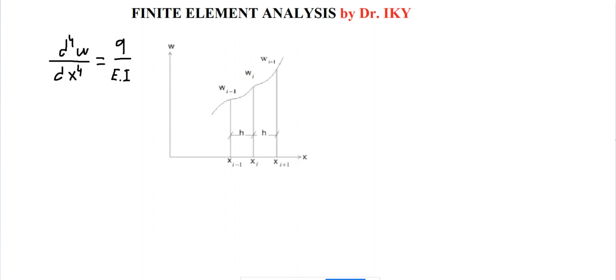And we have to write again omega is equal to f(x), and this one here explains the concept of the finite difference method and the displacement function variable, which is omega. And this is the description of omega.